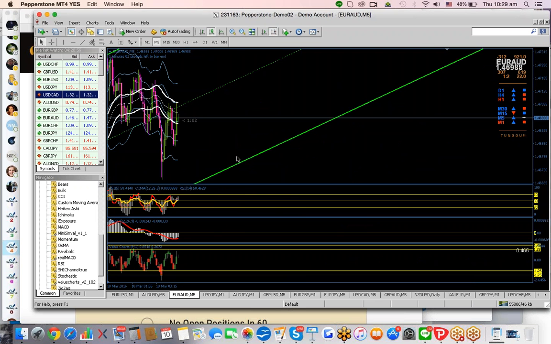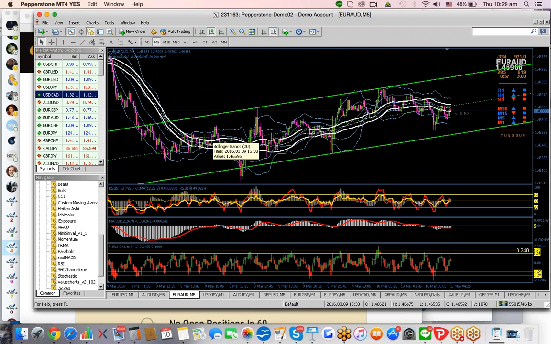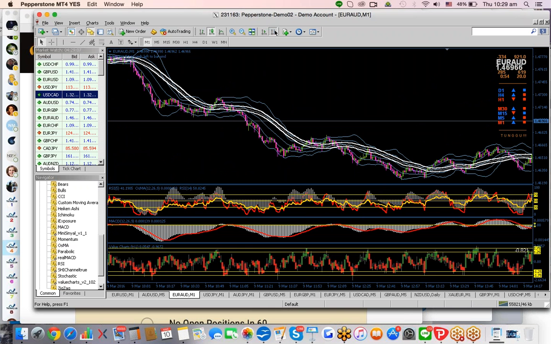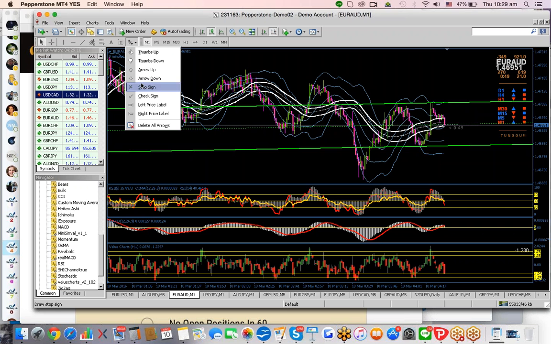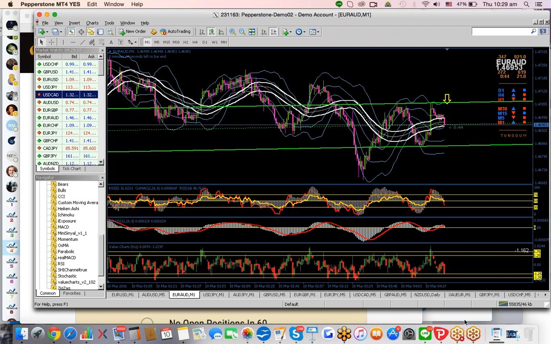Euro Aussie, no context for this trade as well. It is on the middle of the 5, but it's not out to the top of the lines. I would take it if it was somewhere around here, but it's not.